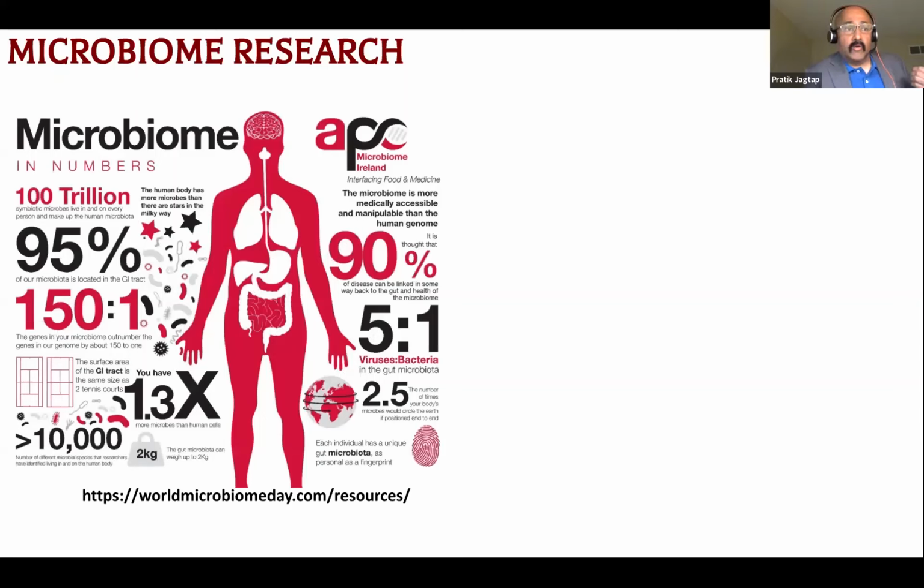So, for example, not only is it involved in diseases, but it can also affect your mental health and your normal health and other processes that are taking place in your body. It has been shown that the presence of the right organisms or the metabolites that are generated by these organisms can have a profound effect on various functions of your body.